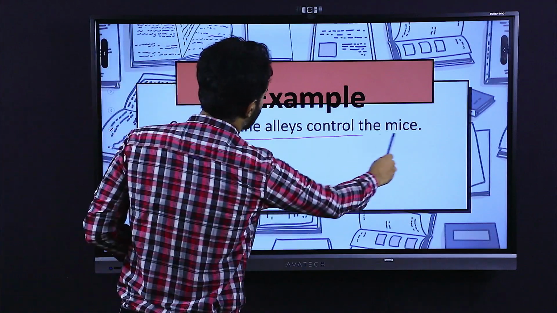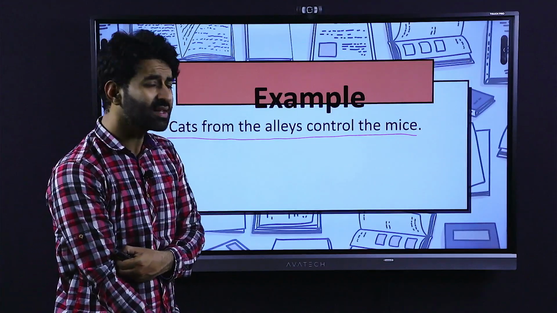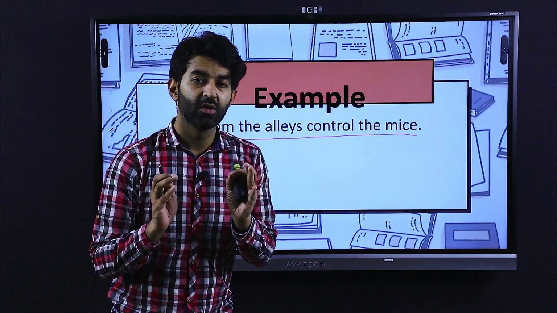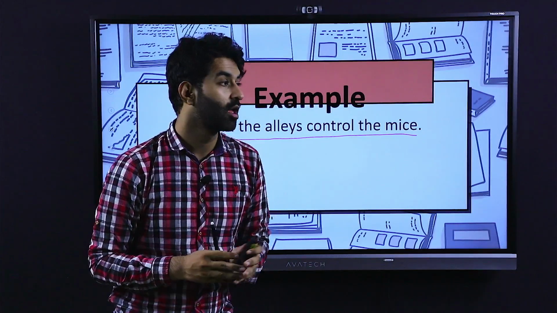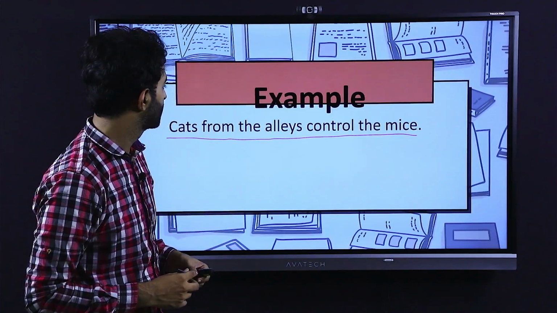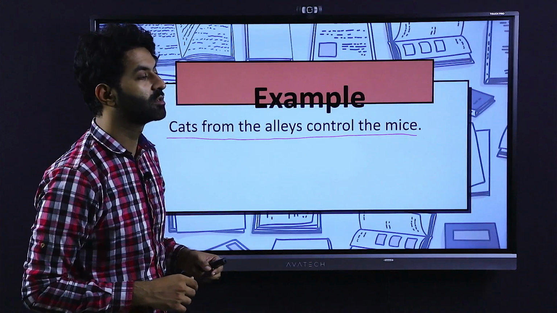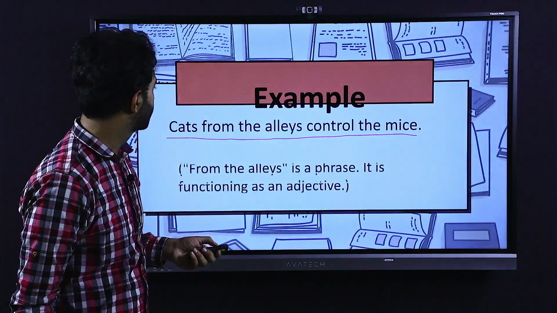Cats from the alleys control the mice. Now, this is a sentence, but we can see an adjectival phrase in here. Can you spot that adjectival phrase? Students? Yes. Let's see.